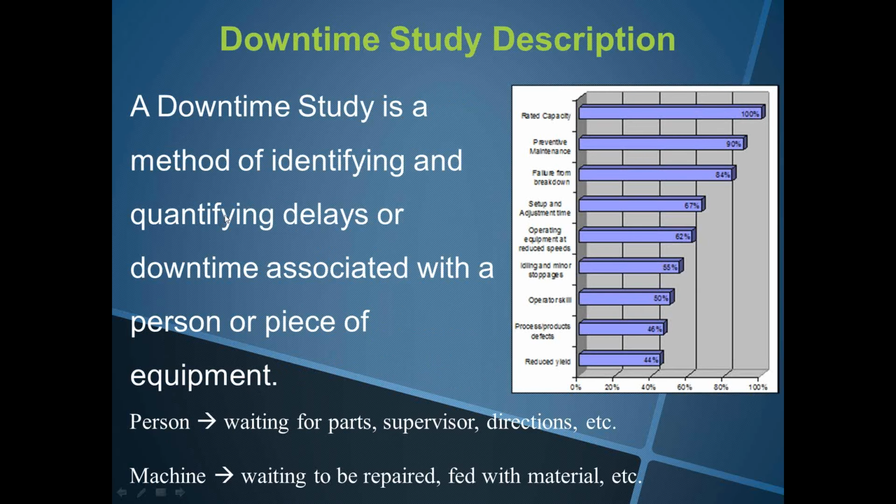All right, so what is the description of a downtime study? A downtime study is a method of identifying and quantifying delays or downtime associated with a person or a piece of equipment. So you can imagine if you're studying a person, you might be watching them to determine how often they're waiting for parts, how often they might be waiting for a supervisor or to get directions.